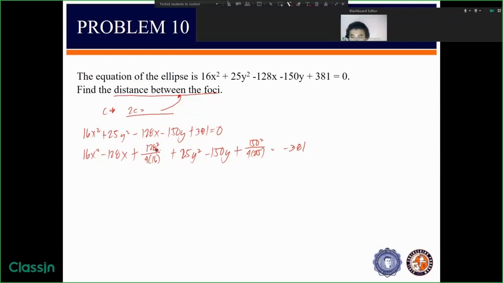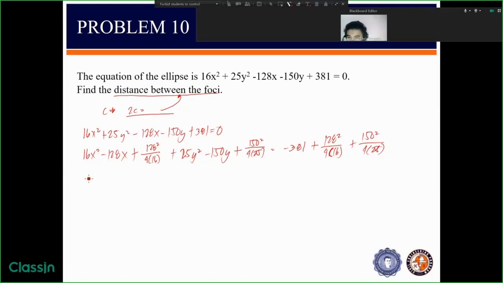I think completing the square was already discussed in your algebra, no? So whatever we add on this side, we should also add on the other side. So the 128 squared over 4 times 16 and the 150 squared over 4 times 25. So what do we have here?